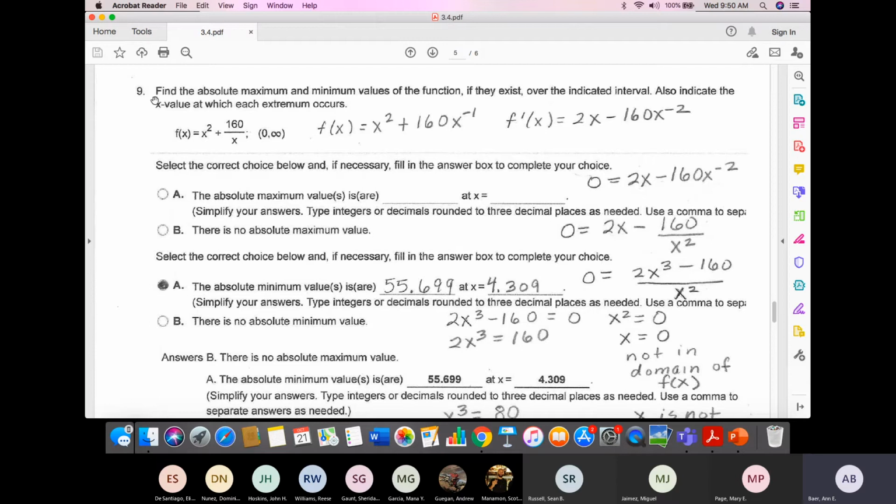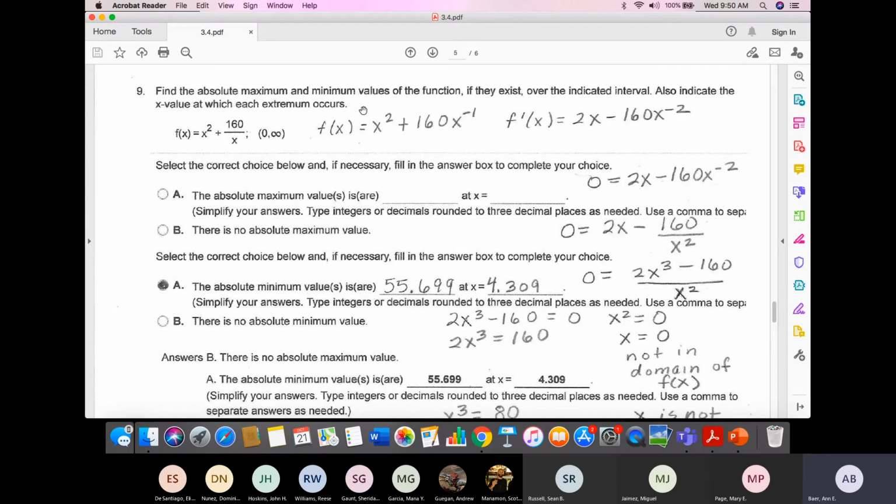So problem number 9 states, find the absolute maximum and minimum values of the function, if they exist, over the indicated interval. Also, indicate the x value at which each extrema occurs.